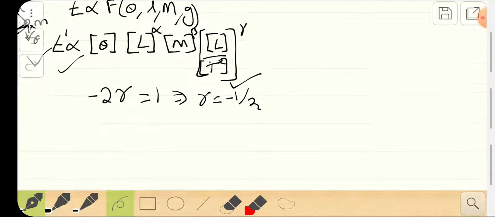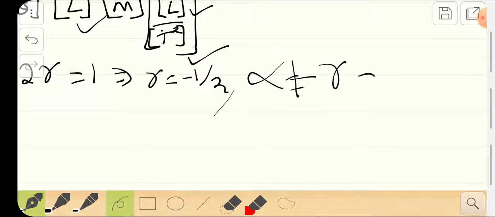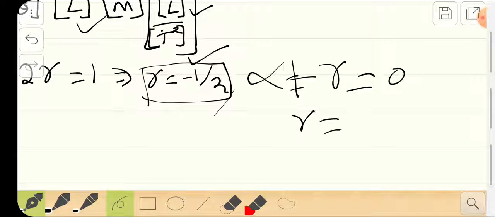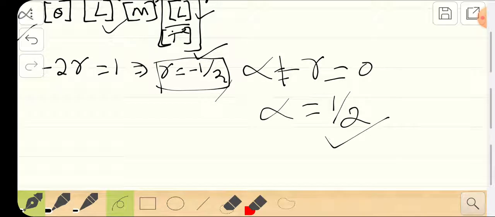There are two L's here, L raised to alpha and L raised to gamma. So alpha plus gamma must be equal to 0. We already know the value of gamma, so alpha is equal to 1 by 2. So we got that as well.